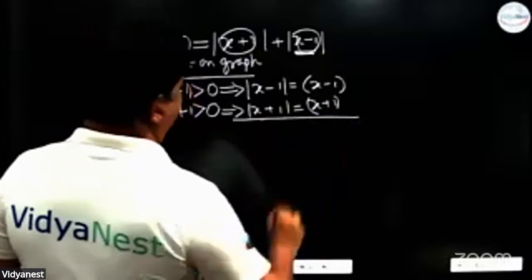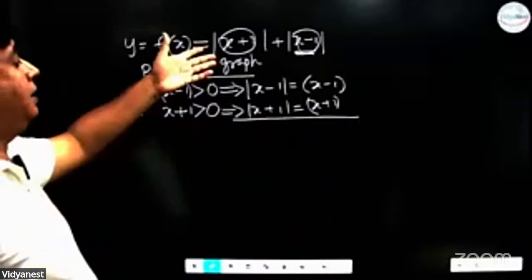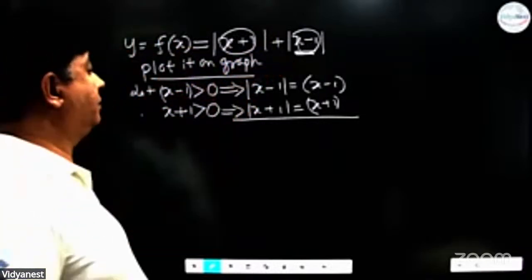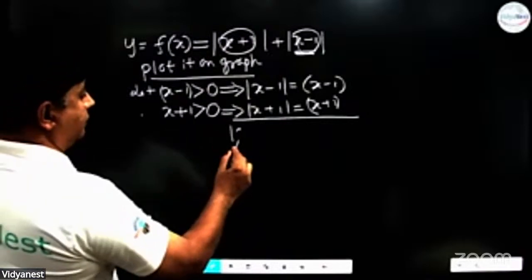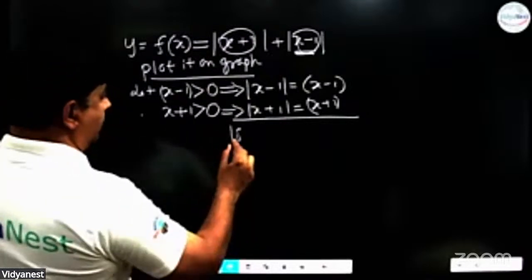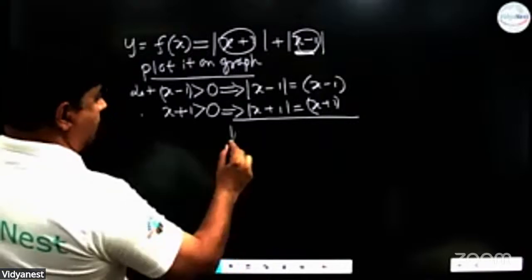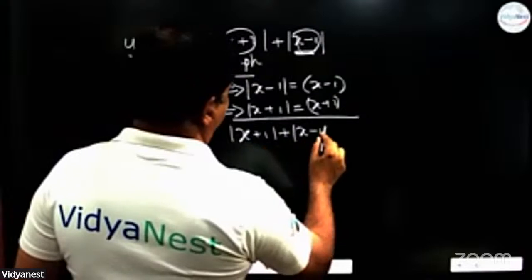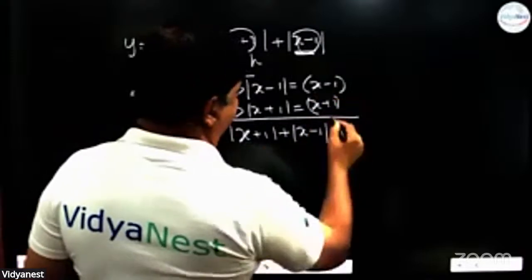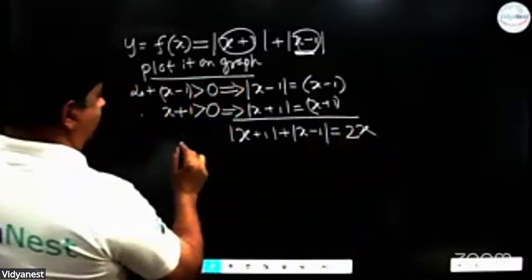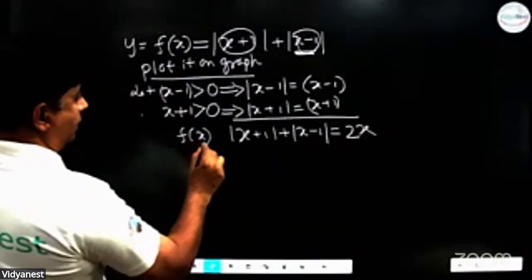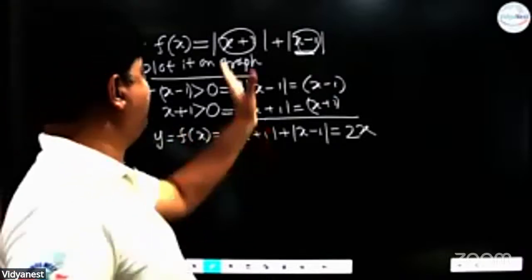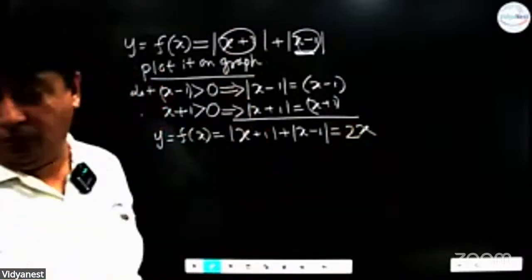Now, what will you do? This function tells us to do what? Addition. So you add. Minus 1 and plus 1 will get cancelled, and you will get a much more simplified value of this, y is equal to 2x.